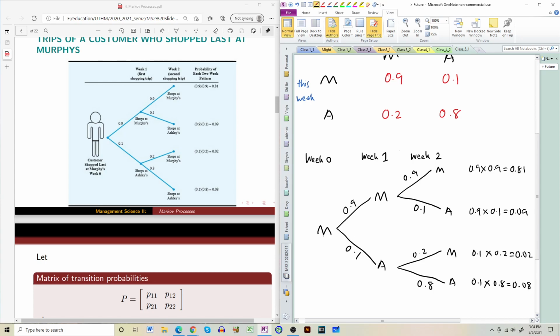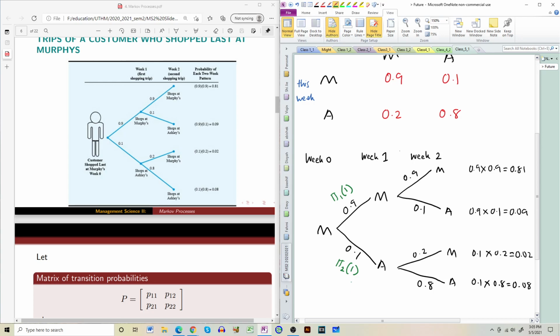Remember, the customer is from Murphy's, from Murphy's to Murphy's, Murphy's to Ashley's, which means previously I have given a symbol for Murphy's is pi 1, for Ashley's is pi 2, and the period means the time. The probability the customer ends up in Murphy's week 1, the probability the customer ends up in Ashley's week 1 is like this, the notation. Okay, the notation.